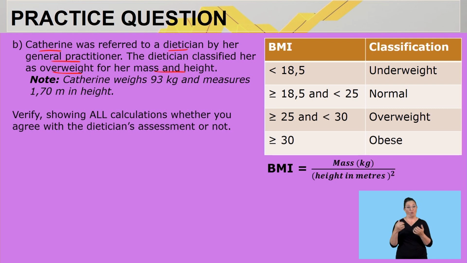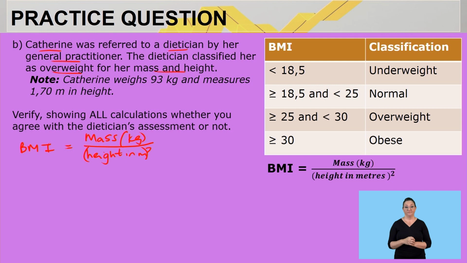Remember we will use the formula BMI equals mass divided by height in meters squared. So let's find the BMI first. BMI equals my mass, in kilograms, divided by my height in meters squared.